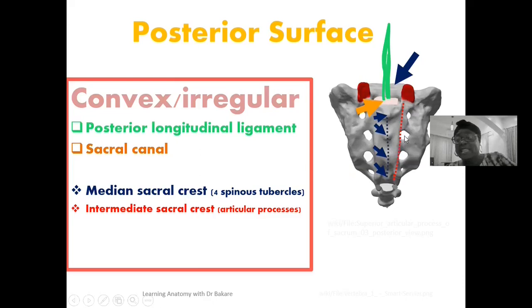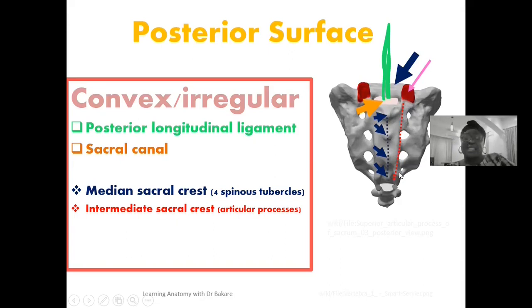If you look at this alignment, you see that it falls in the same alignment as the superior articular facet of the first sacral vertebra, which is arrowed here at this point. So the articular processes of the inferior sacral vertebrae will also be formed along this orientation. Because they have become fused, it leads to the formation of the intermediate sacral crest, which is created here at this region.